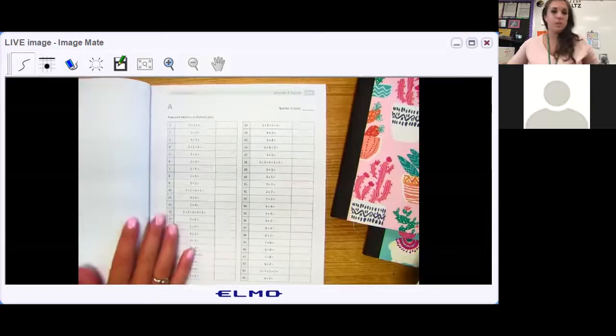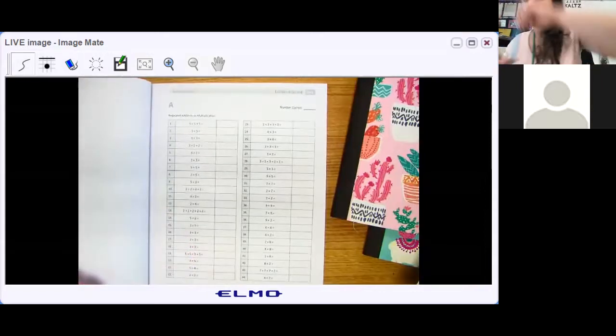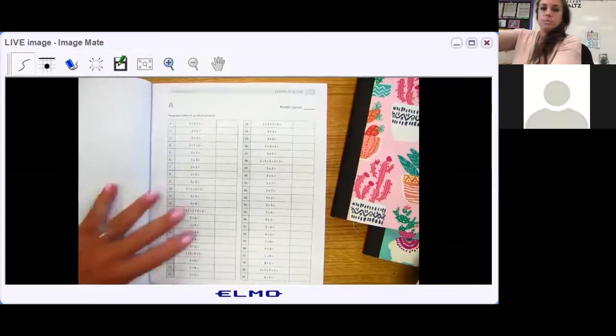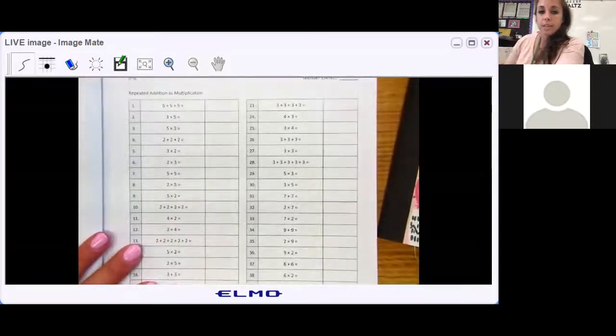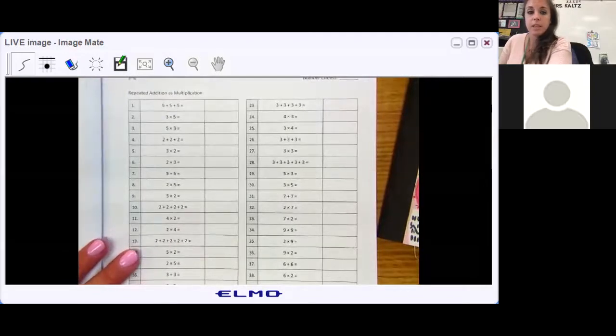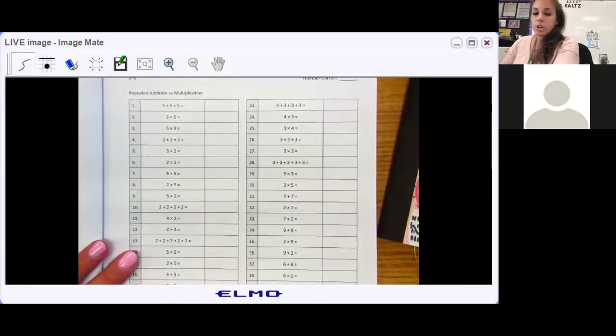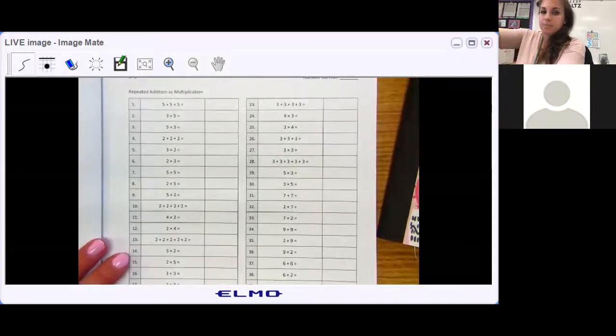So let's go over these answers. Starting at the top. Now I am going to go over all the answers just in case you made it all the way through. If you didn't, you can either skip ahead to the next sprint or you can write down the answers. It's always good practice.